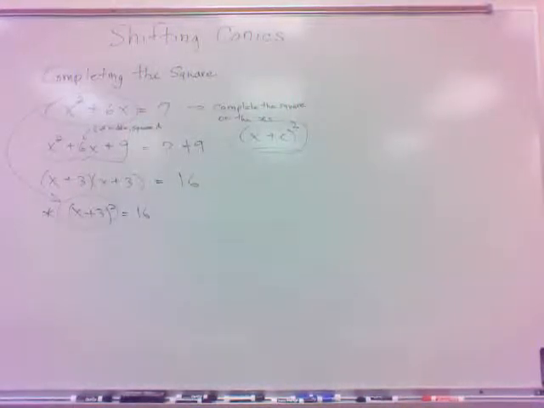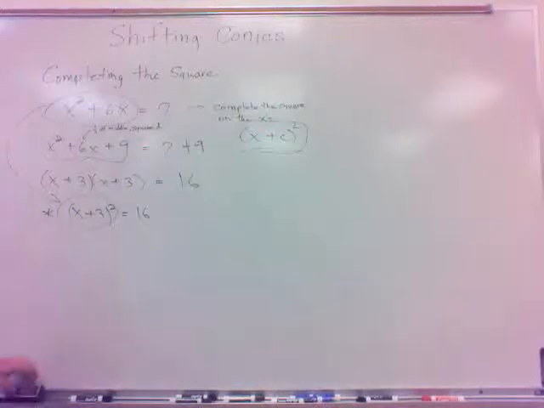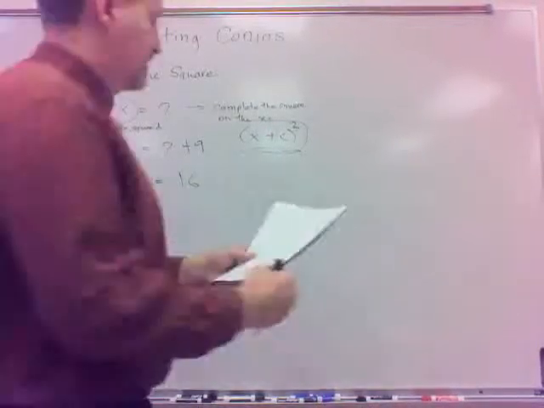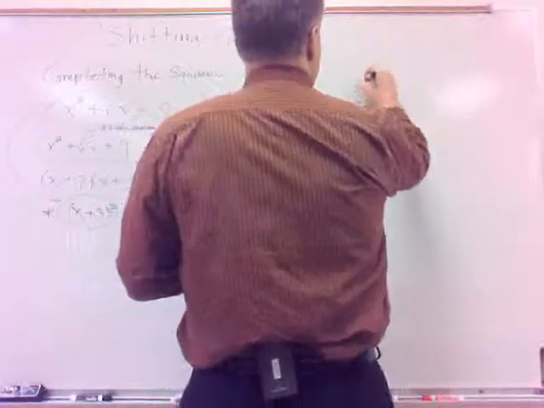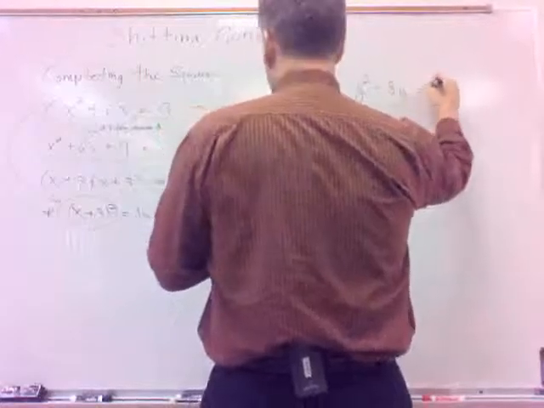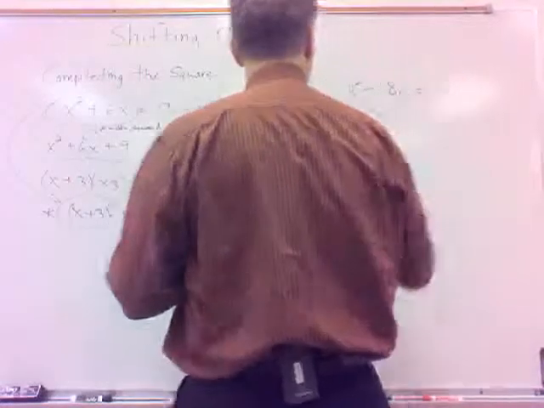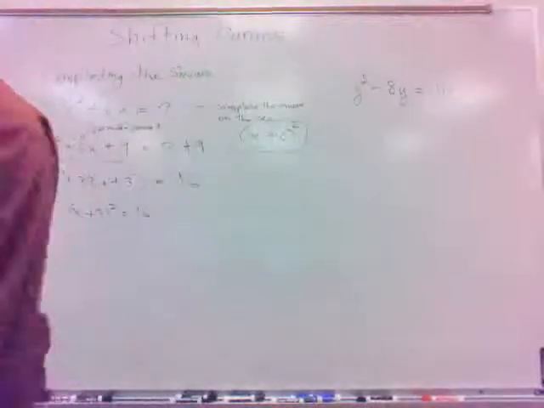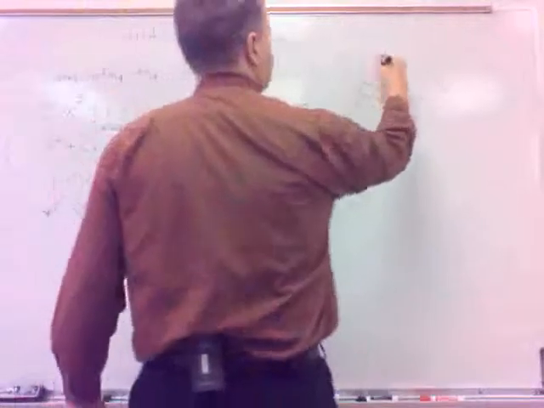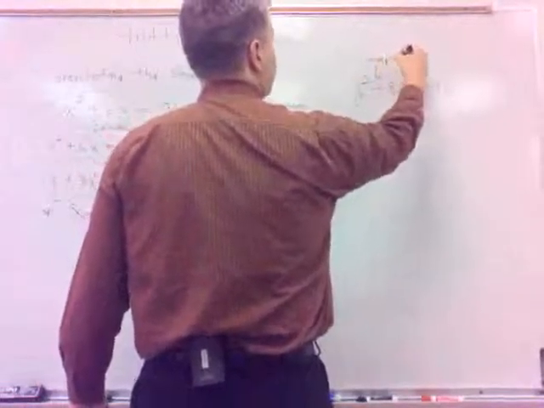All right, now, I could do the same thing on y's, whatever variable it is, I can do the very same thing. For example, if I have y squared minus 8y equals 10. Let's complete the square on the y's here.